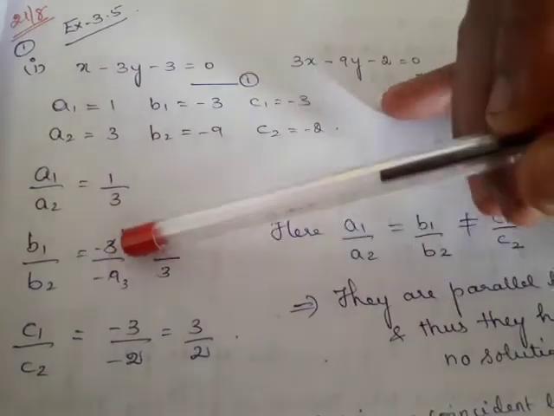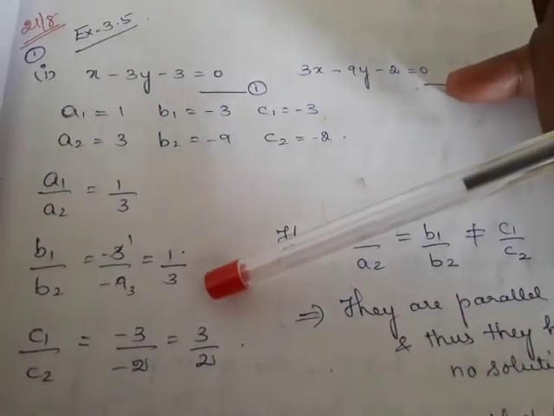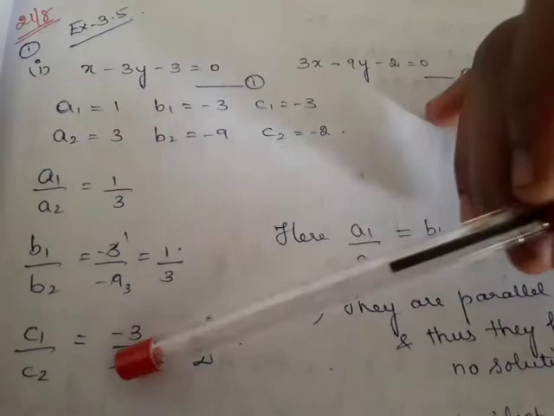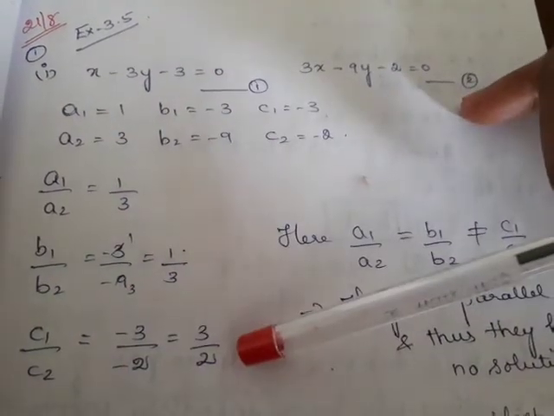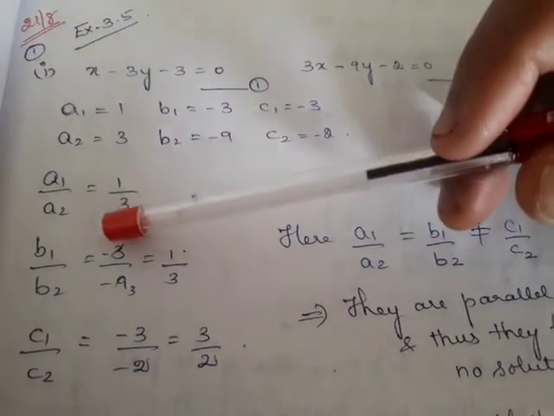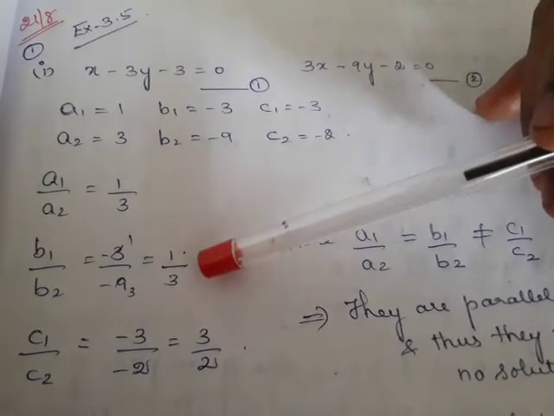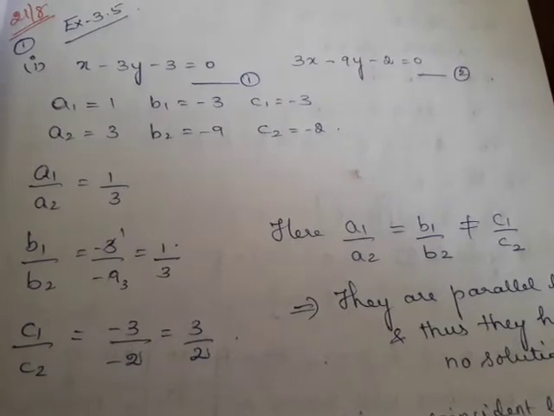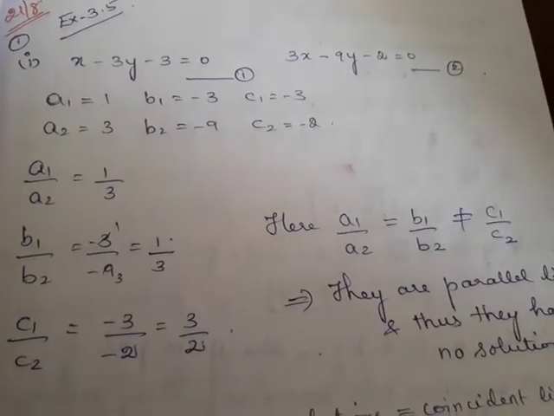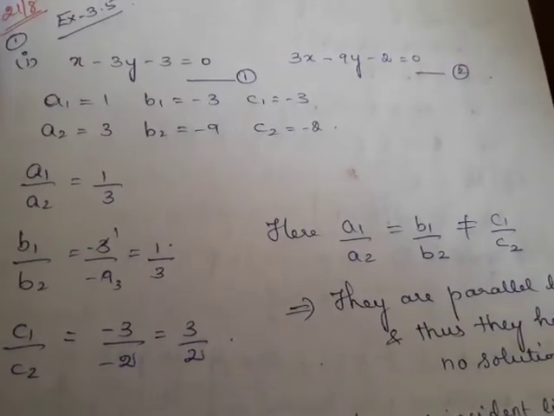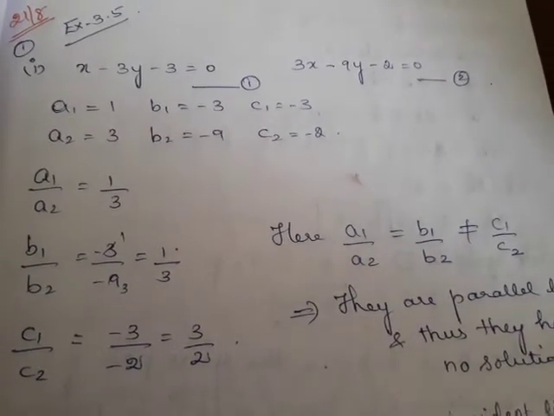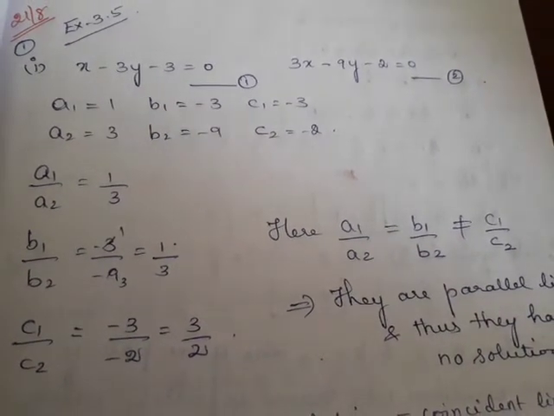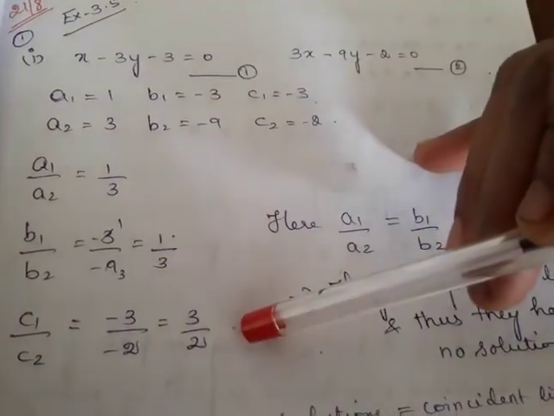So if I simplify minus 3 by minus 9, minus minus will get cancelled. So 3 and 9, if you simplify, you will get 1 by 3. Right, here minus minus is getting cancelled, you get 3 by 2. Now if you see, a1 by a2 is the same as b1 by b2. I told you when a1 by a2 and b1 by b2 are equal, then move on to the third ratio and check whether c1 by c2 is equal or not, but they are not equal.